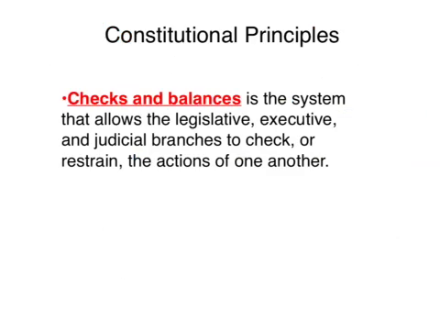The next constitutional principle is checks and balances. Checks and balances is the system that's been put into the Constitution that allows each of the three branches the ability to check or block or restrain the actions of the other branches. This is done in an effort to prevent one branch from using its constitutionally delegated powers in an abusive fashion.